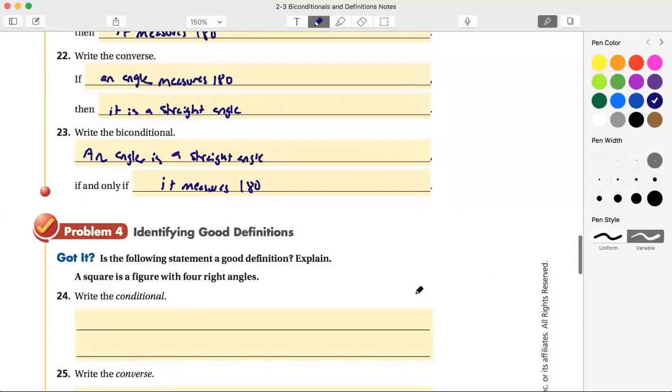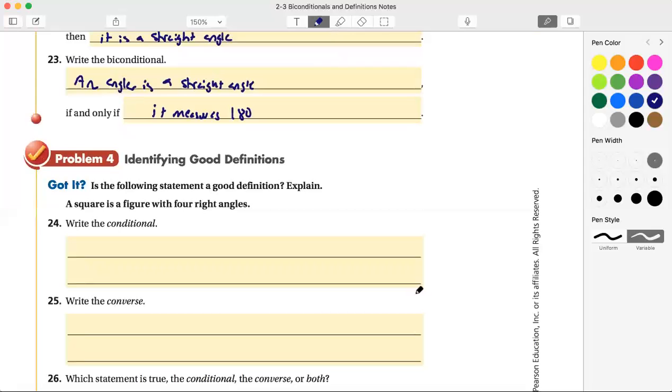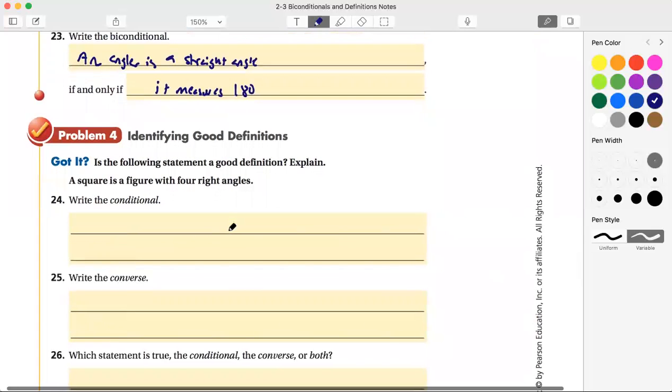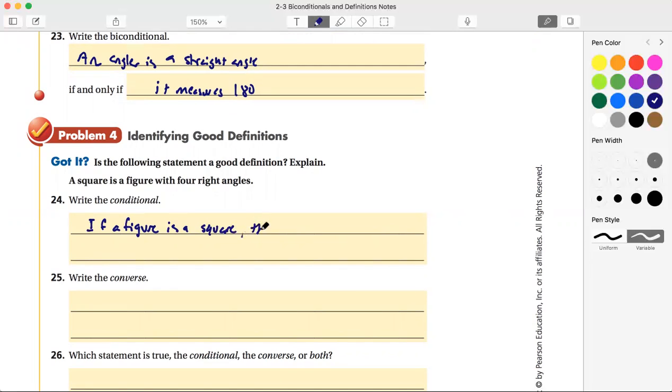All right, so what is a good definition? A good definition is something that's true, basically. A square is a figure with 4 right angles. So let's write the conditional statement. If a figure is a square, then it has 4 right angles.